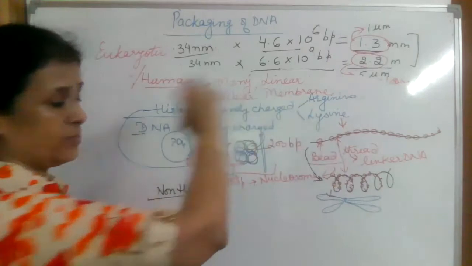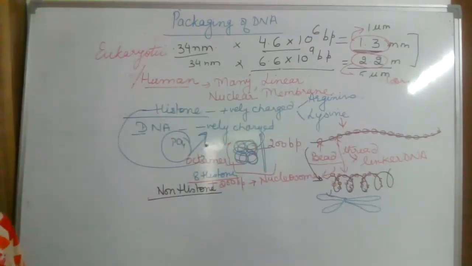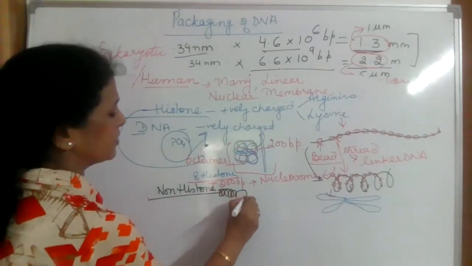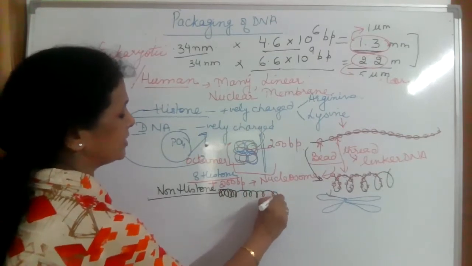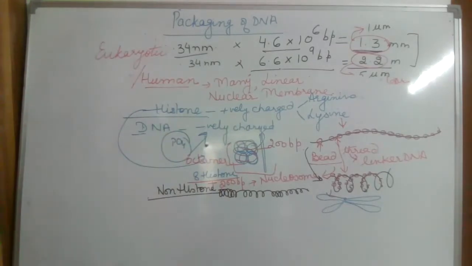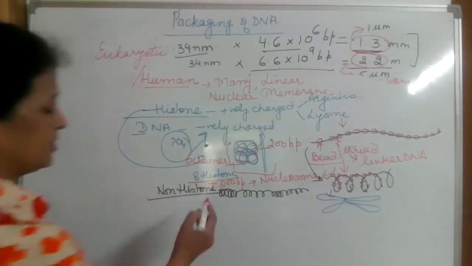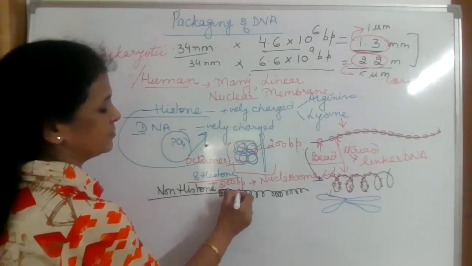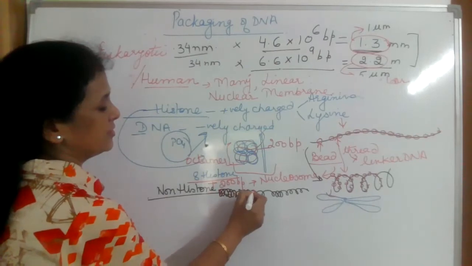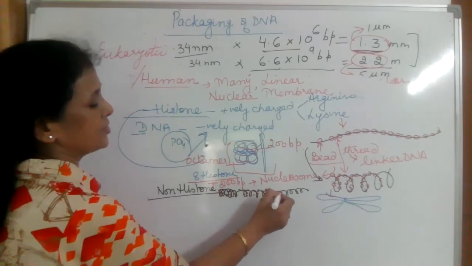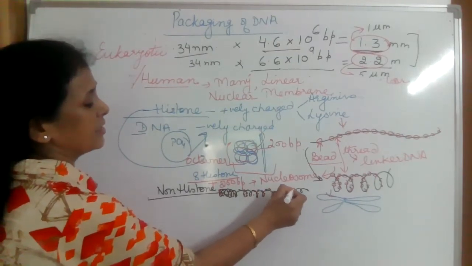This coiling of the DNA material is not uniform throughout the chromosome. Somewhere it can be dense, somewhere loose, then dense, then loose, like this. And of course, this has nucleosomes throughout. This we have already seen, how condensation of this material has occurred.